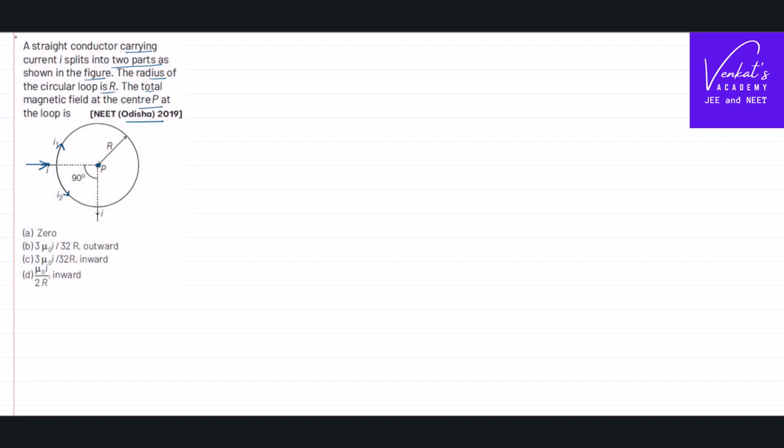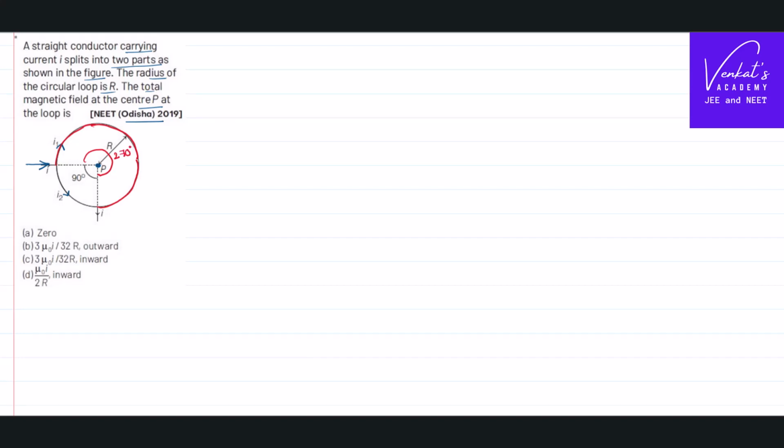Here you need to understand that this behaves like a combination of two arcs. You know where arc 1 is? This is arc 1, which I am marking in red. With how much angle? As this angle is given as 90, this angle will be 360 minus 90, that is 270 degrees.